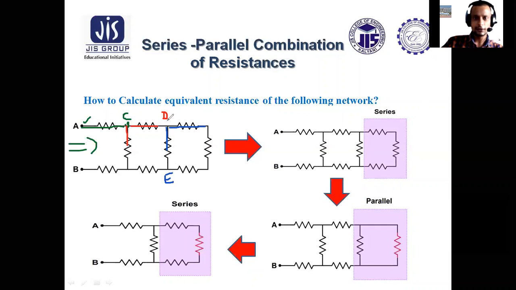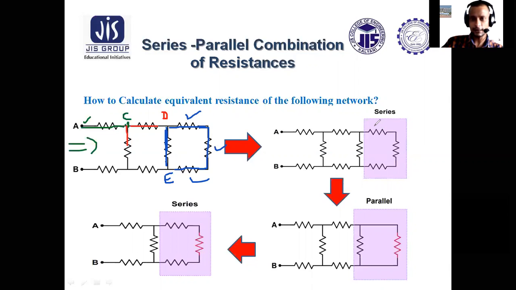You can reach from D to E through this path or through this path. So what can we say? These three resistors are following the same path. So these three resistors could be said to be connected in series.